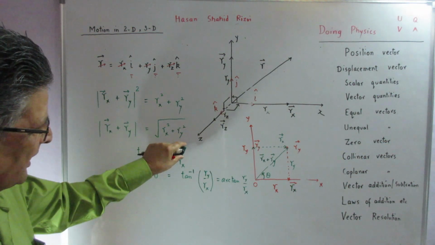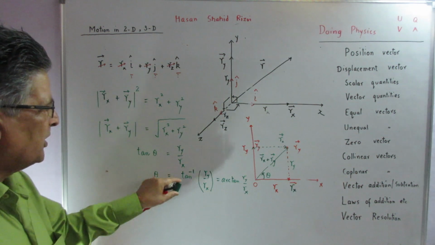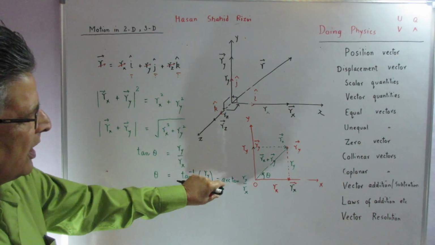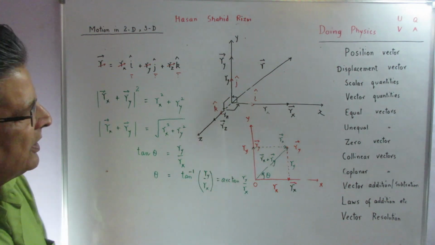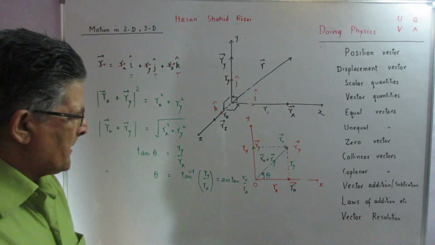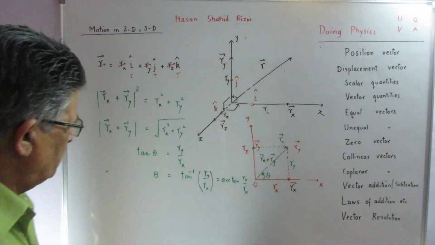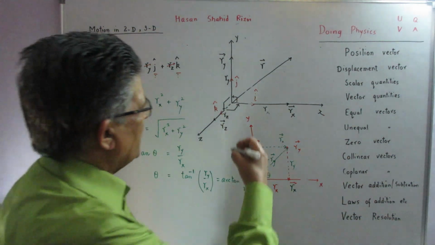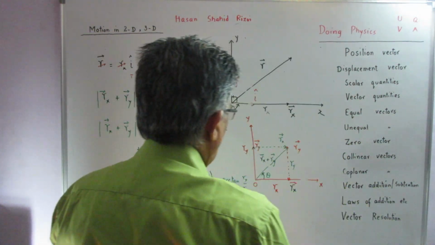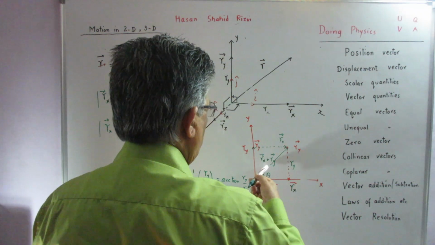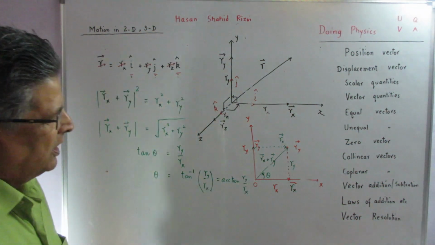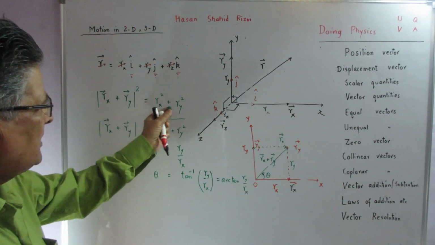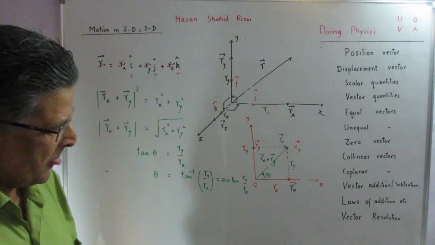Cosine having a certain value, then theta will become equal to cos inverse of that value, or arc cos. So anyway, it doesn't matter. I have found the magnitude over here to be equal to under root Rx square plus Ry square.